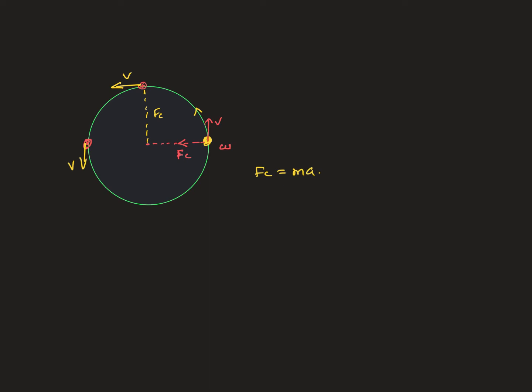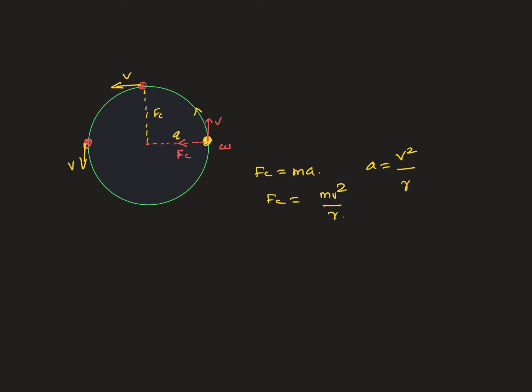In a circular motion, the acceleration a is given by v squared over r. So v is the linear velocity and r is the radius. So we can say Fc is equal to mv squared over r.